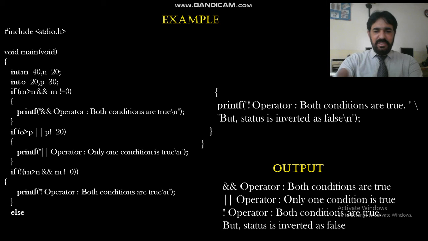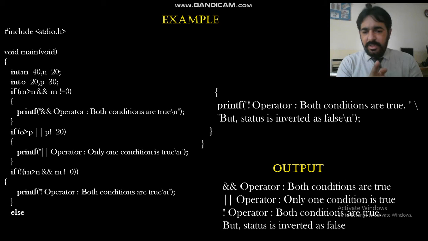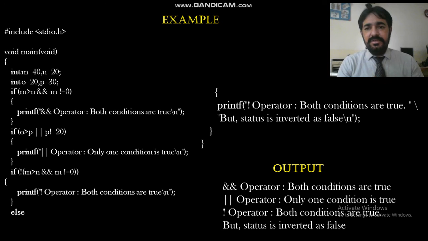So one by one all conditions are there. In the output you can see AND operator, both conditions are true; OR operator, only one condition is true. In the NOT operator both conditions are true but the status is inverted to false. This is how we represent it in our programming language.